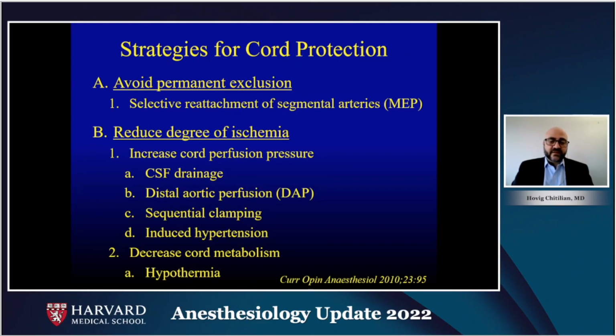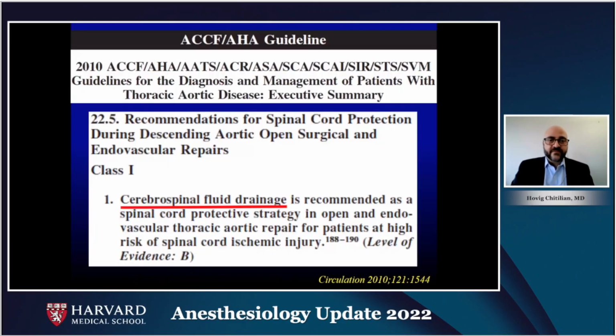And finally, by allowing passive hypothermia or cooling of the patient, decrease cord metabolism. So in the rest of the talk, I'll focus on these three areas or these three strategies for spinal cord protection in these cases.